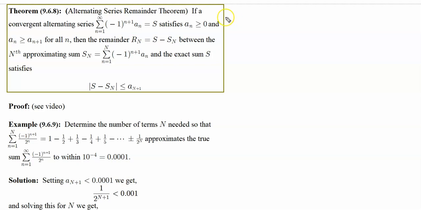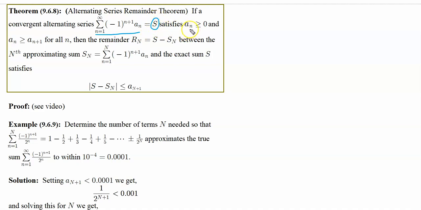Well, this theorem will allow us to approximate convergent series. Even though we may not know exactly what they converge to, we can at least determine how many terms we should take in the series to get within a certain degree of accuracy of the actual answer. So the alternating series remainder theorem makes this statement. If we're given a convergent alternating series, so we assume that this is convergent, and it converges to the number s.